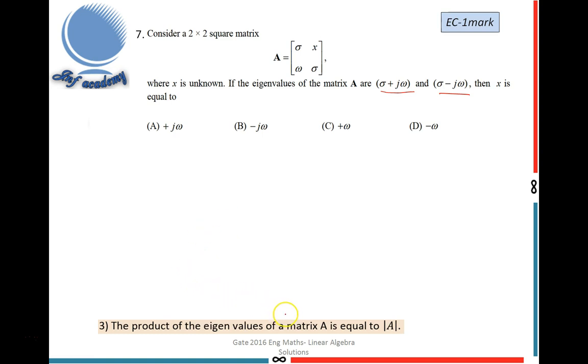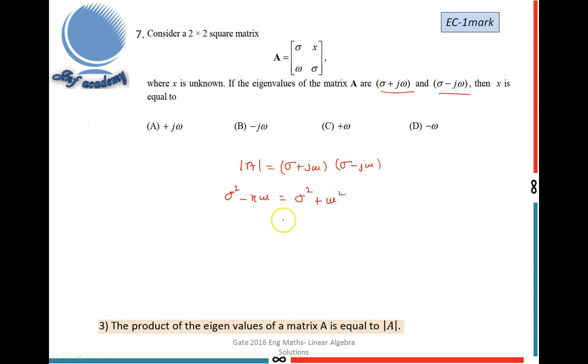The product of the eigenvalues of a matrix A is equal to the determinant of A. So determinant of A equals the product of the eigenvalues, because the eigenvalues are given: sigma plus jw, sigma minus jw. The determinant of A is sigma square minus x omega. Multiplying these two numbers, we get sigma square plus omega square, because these are complex conjugates: a plus b times a minus b is a square minus b square, and minus j square means plus 1.